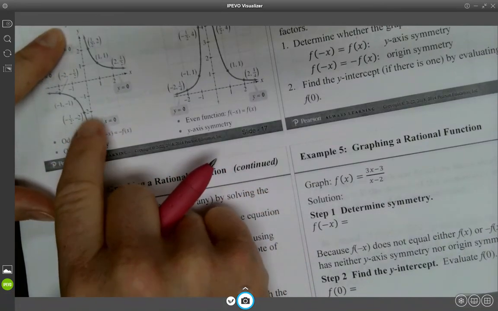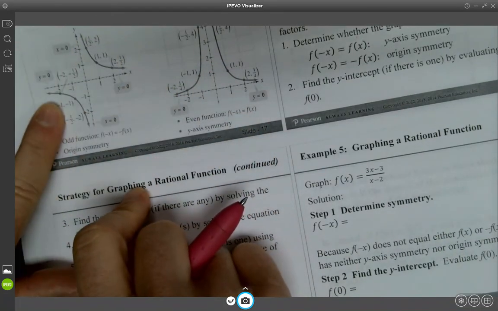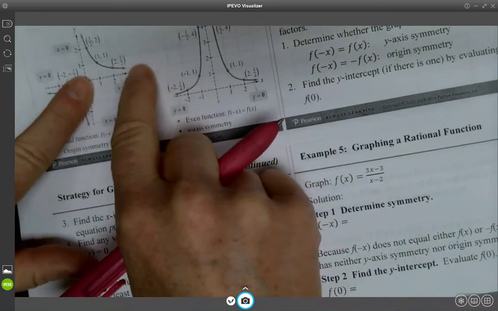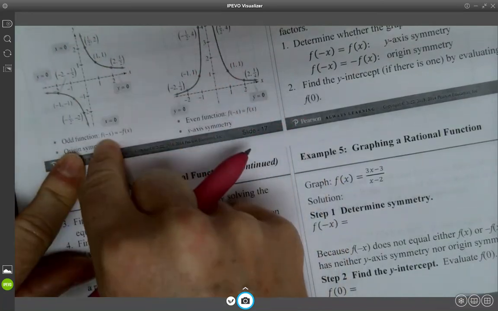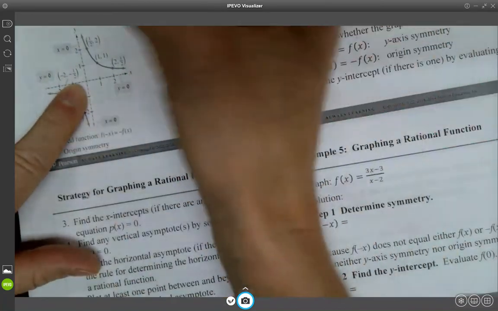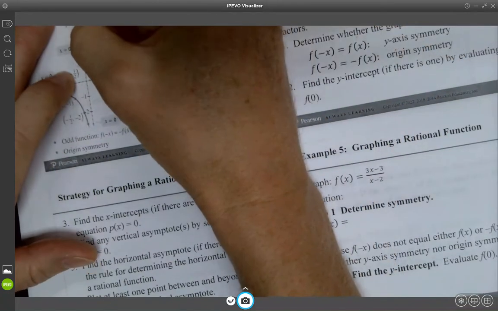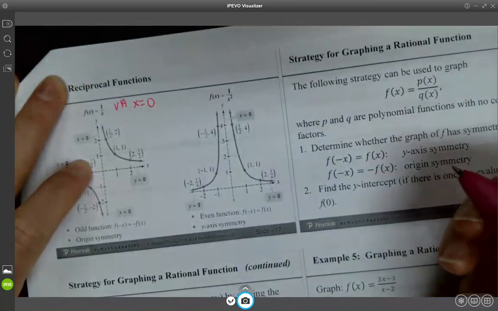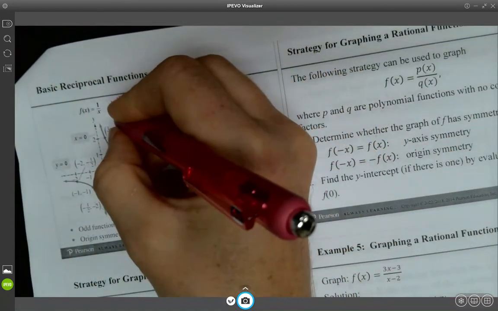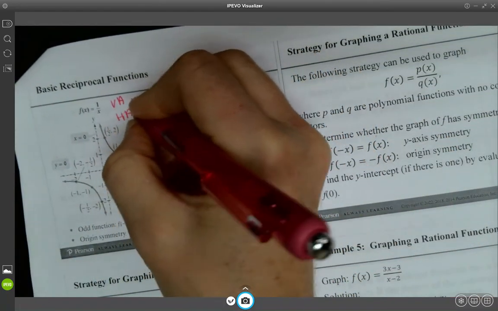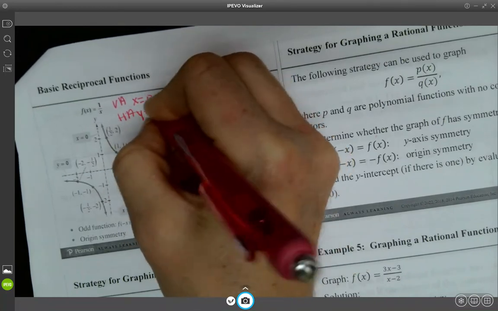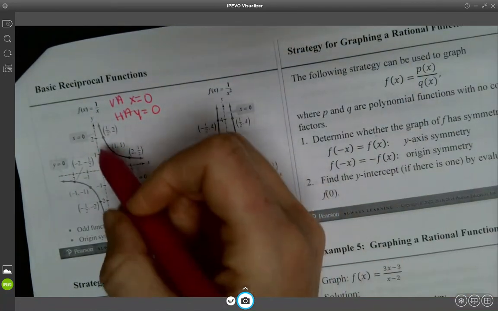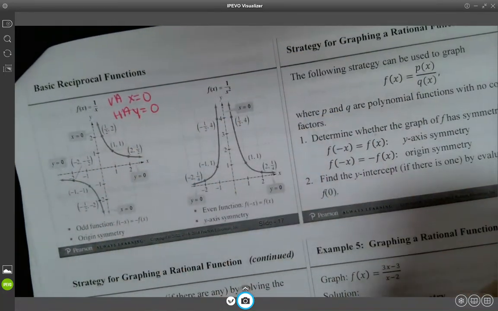This is like your parent function, y equals 1 over x, and it's going to go like this. Your vertical asymptote is x equals 0, and your horizontal asymptote is going to be at y equals 0. And they're going to go in opposite directions.